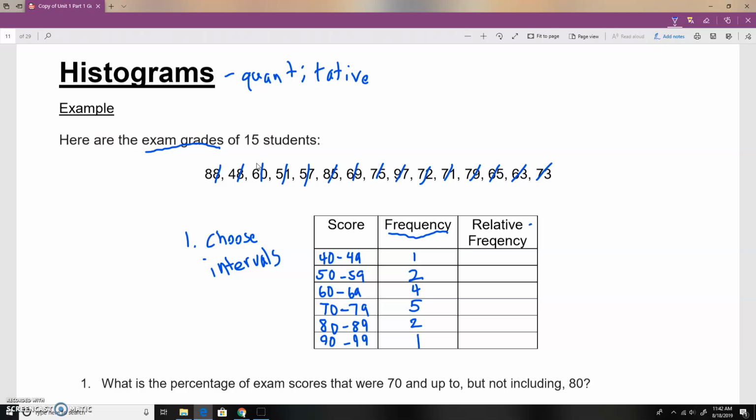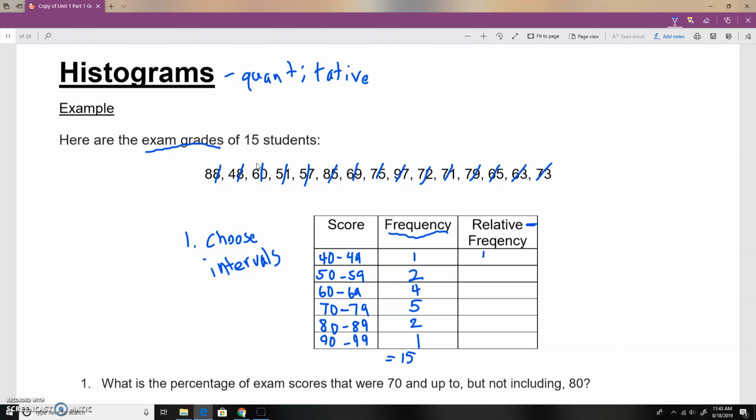Now, notice here we have what we call relative frequency. Relative means related to the whole. Okay? Well, we know we had 15 students, so all of these values total should equal 15 if we add them up, and they do. So our relative frequency would be out of 15.